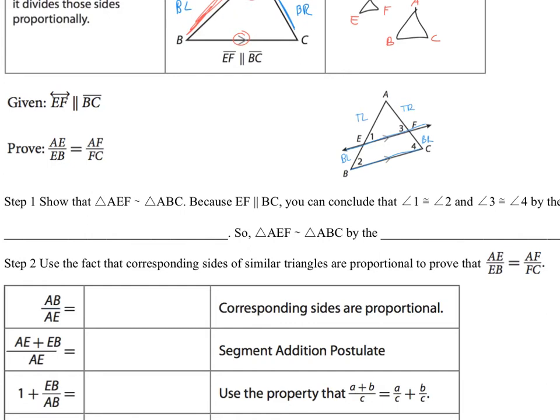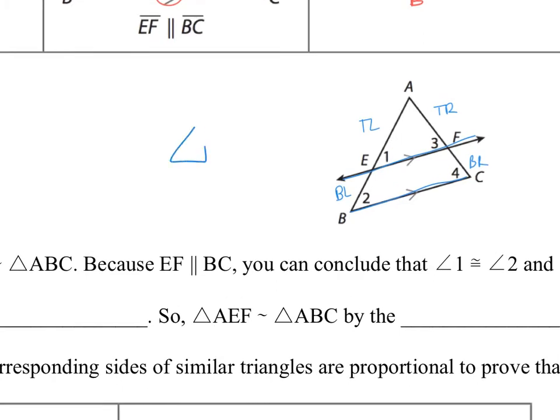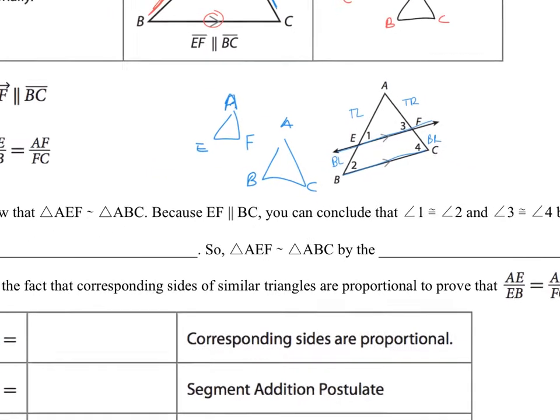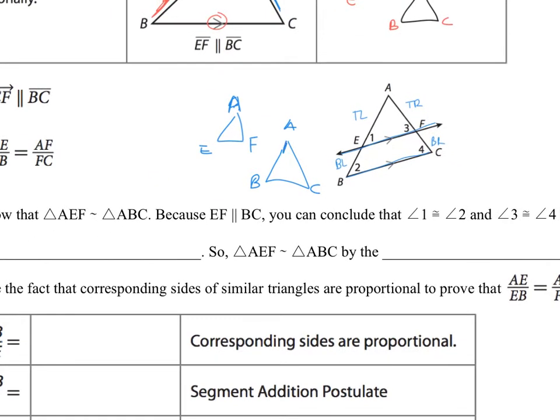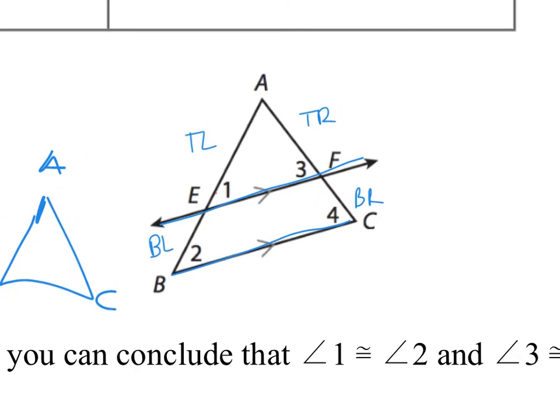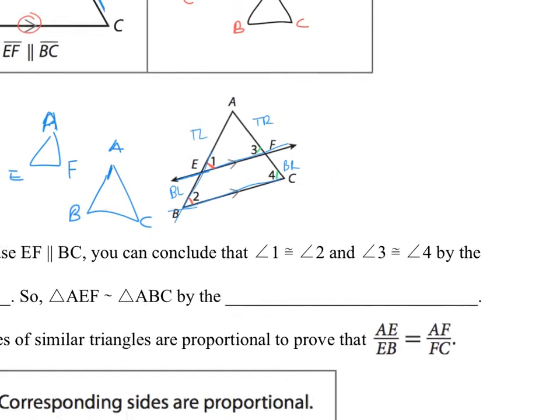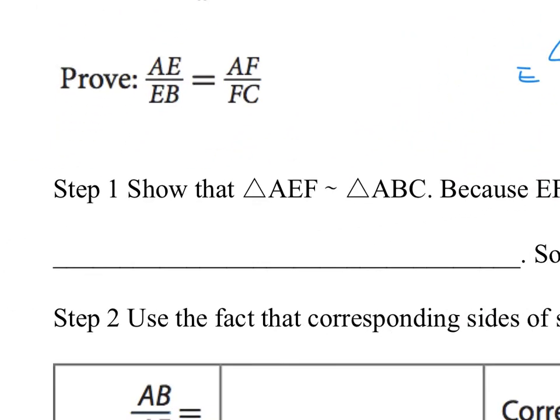So if we did actually split these triangles up, right, like we did last time, AEF and ABC, because those lines are parallel and we have these two different triangles, we can conclude that angle 1 is congruent to angle 2 and that angle 3 is congruent to angle 4, because you notice we have these two parallel lines cut by a transversal, and those are corresponding angles.